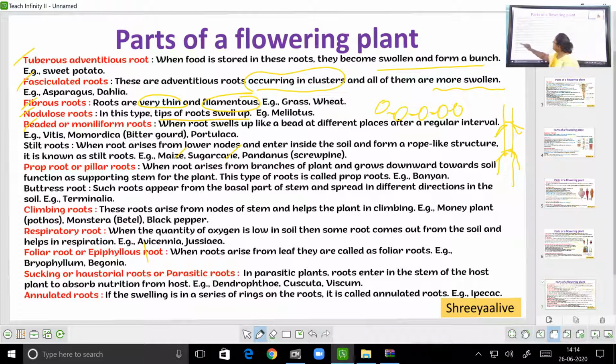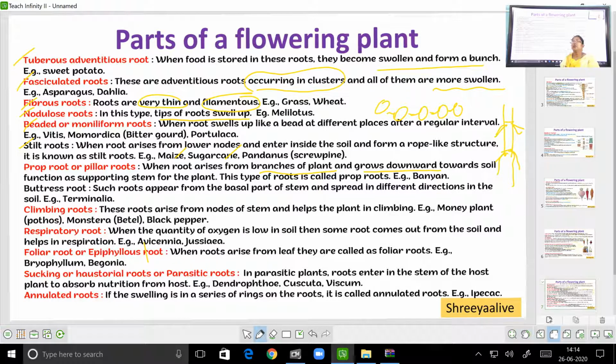Prop roots are always seen in the banyan tree, which develop from the branches of the plant, and they grow downward. Why? Because the plant is very huge. The trunk of the tree is very big, the diameter is very huge.